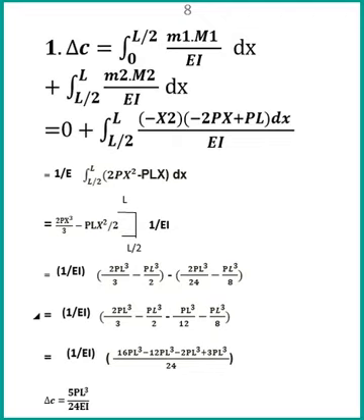As we know, the integration of x to the power n is x to the power n plus 1 over n plus 1. So the integration of x squared is x cubed over 3, times 2P, minus PL x squared over 2, from L over 2 to L.